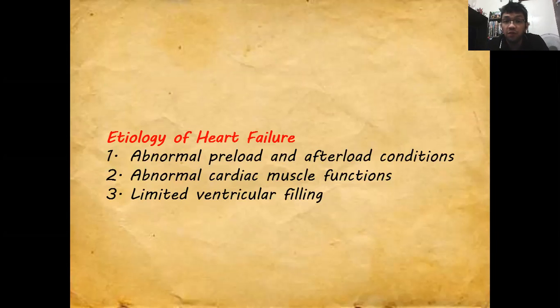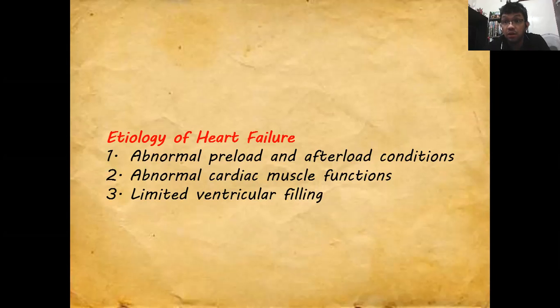The etiology of heart failure: number one, abnormal preload and afterload conditions. Two, abnormal cardiac muscle functions. And three, limited ventricular filling. So these can be the causes of heart failure. Either the preload or the afterload volume is somehow affected.